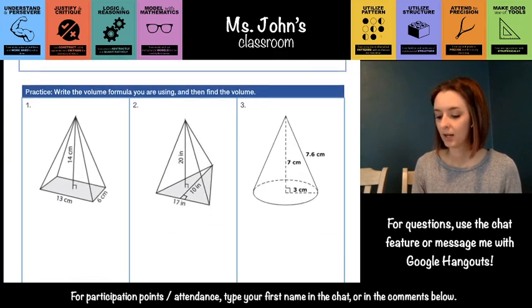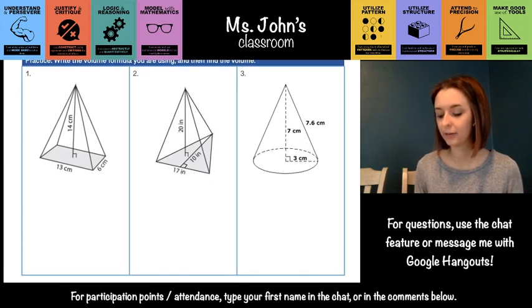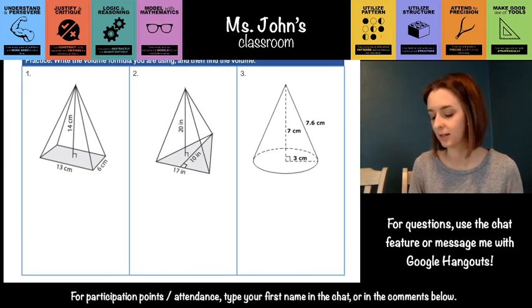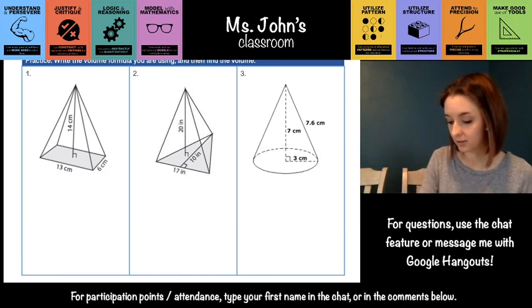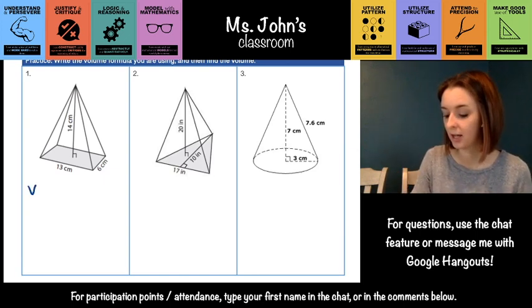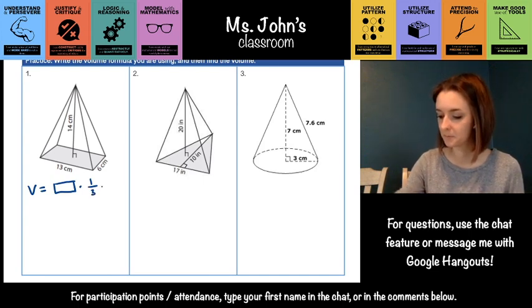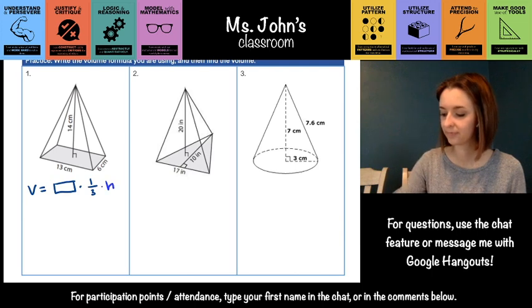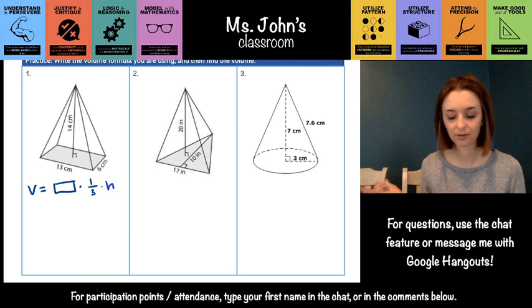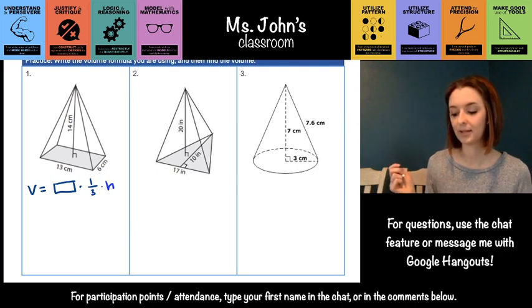So we now have a rectangular pyramid for number 1. So our goal here is just to find, let's write out what we're doing. The volume is going to be the area of this rectangle, because that's the base, times 1/3 times its height. Perfect. Rectangle's area is just base times height.